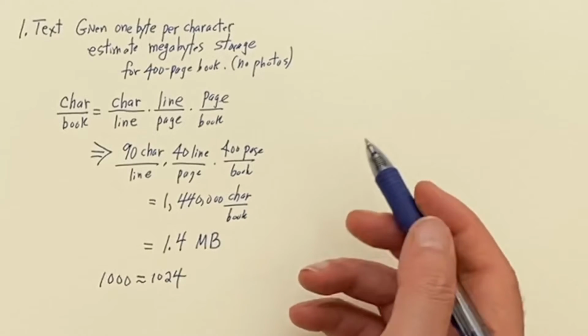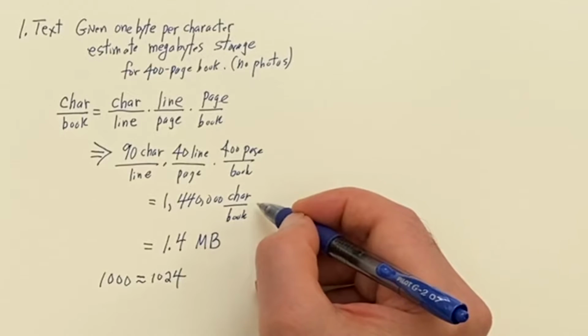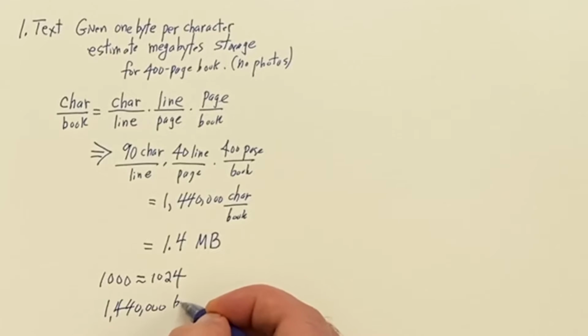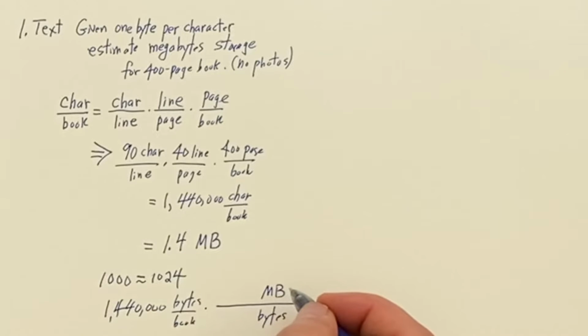In fact, if you were to convert this, go ahead and do this. This is 1,440,000 bytes per book. The way you would convert, you want megabytes, then you put down here bytes, and you could do it in two steps.